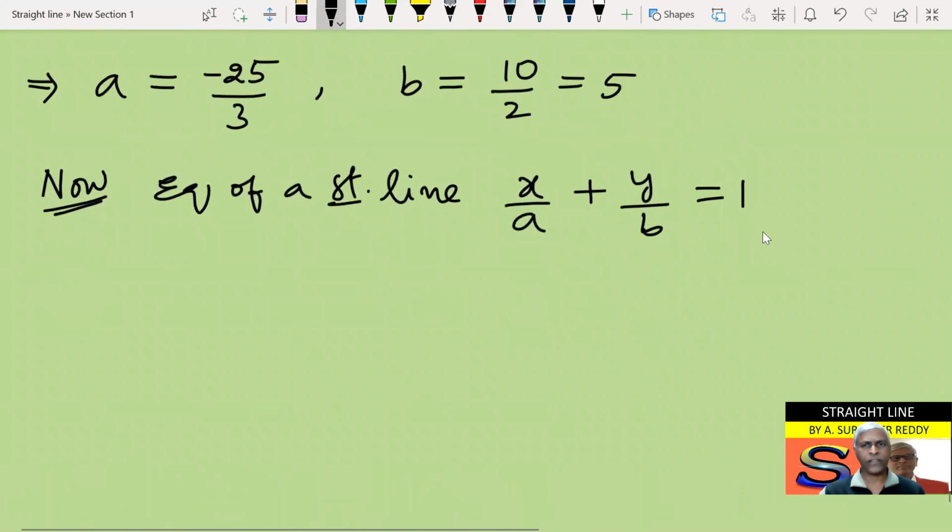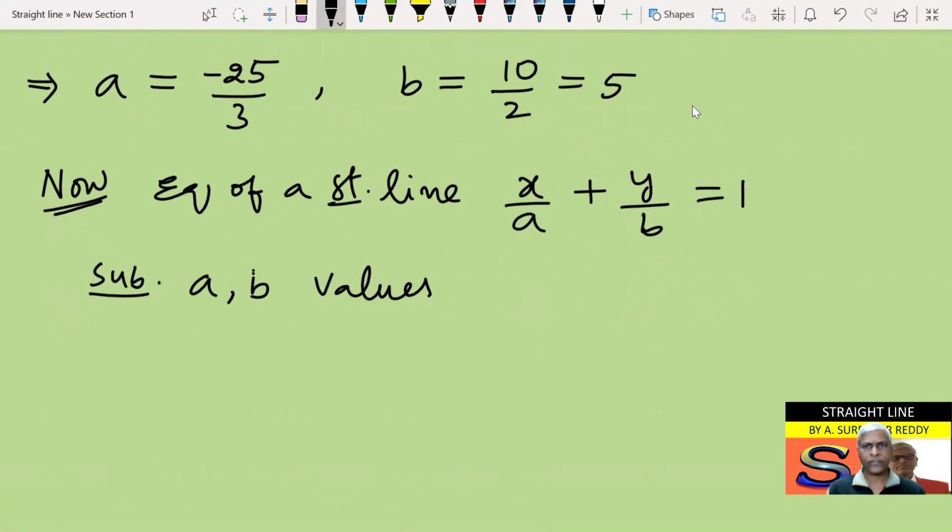Now, substituting the A and B values, A as minus 25 by 3, B as 5, let us name it as equation 1.